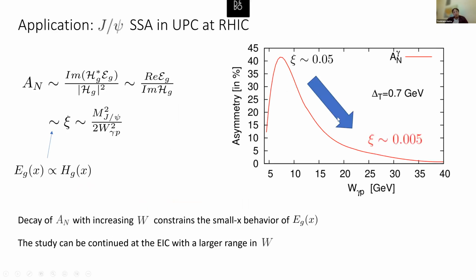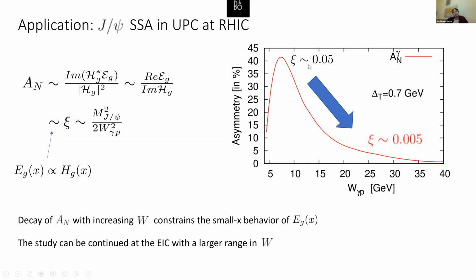In fact, this experimental data of A_N is sensitive to the small x region of this GPD E, because roughly speaking, A_N is basically a ratio of the GPD E and GPD H. If these two functions behave in the same way in the small x region, then this ratio is roughly proportional to the skewness. And here is the skewness of this experimental data.